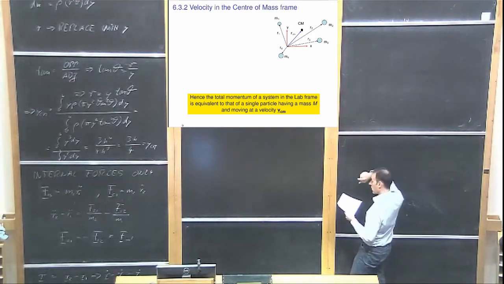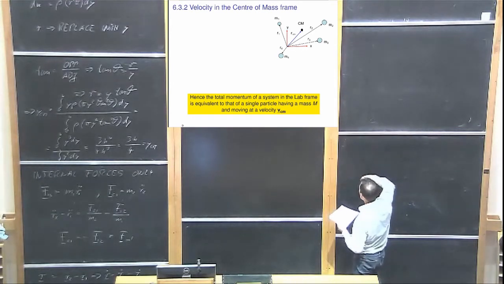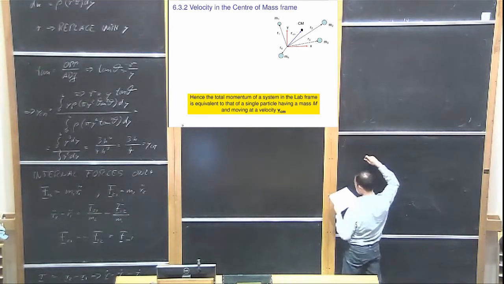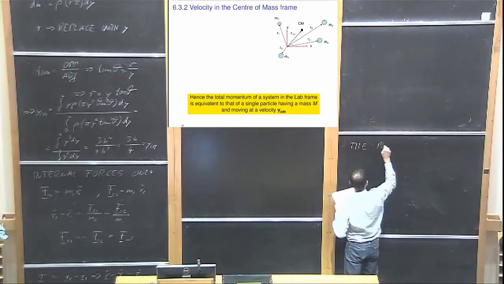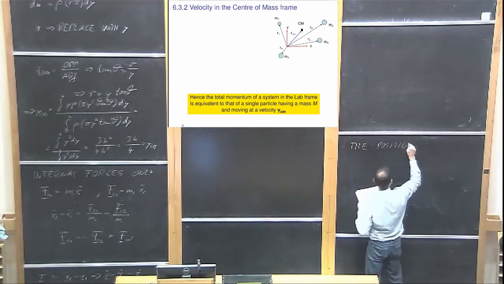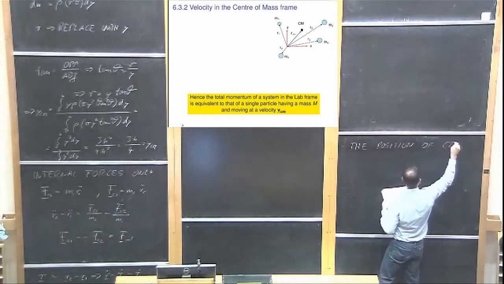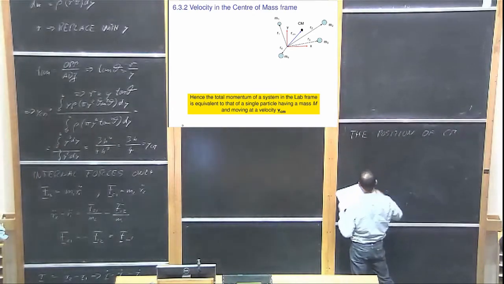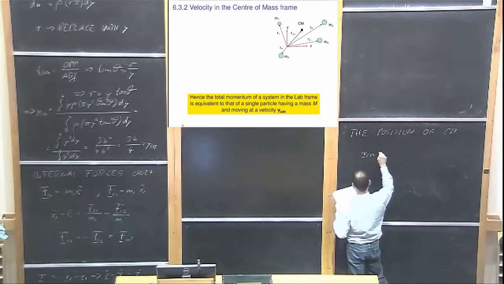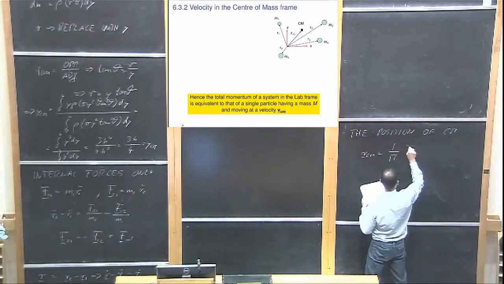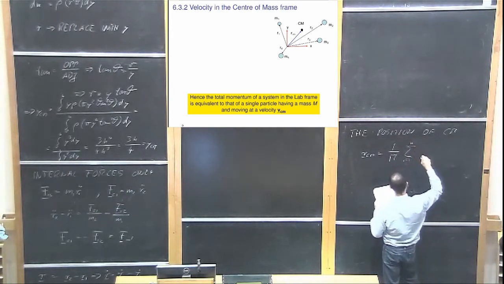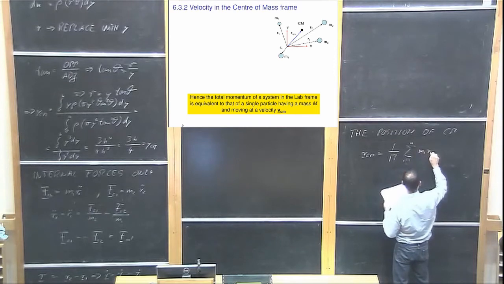I hope that you know how to transfer that. And the same applies, of course, to the integral. Now, going back, the position of the center of mass, we have R_cm equals 1 over M sum from i equals 1 to n, the masses we are looking at, m_i r_i.